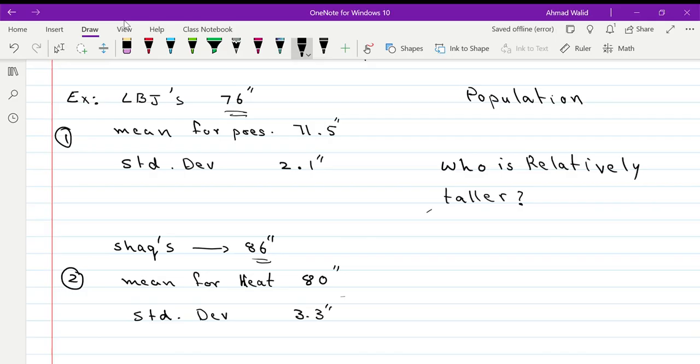And the President is, I think, 6'4" as well.